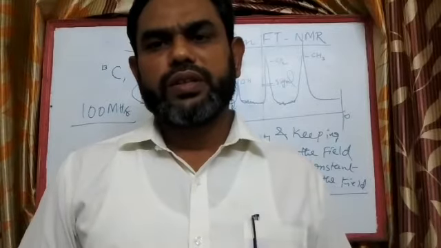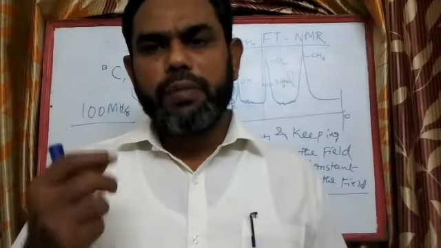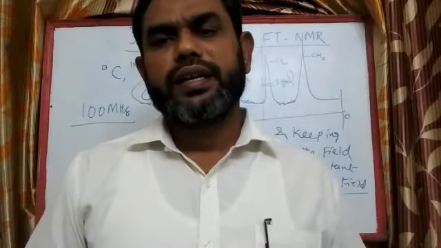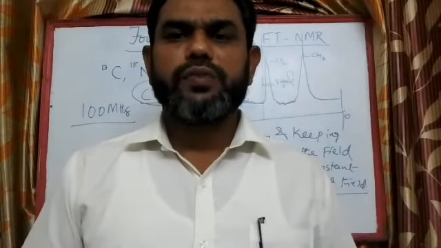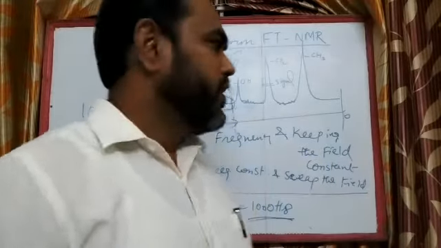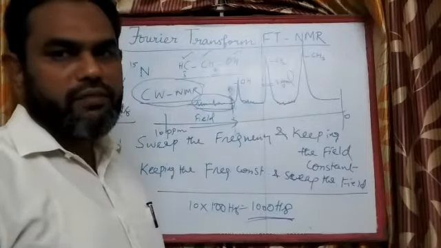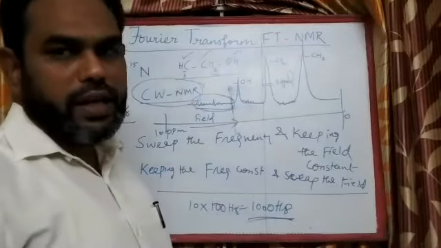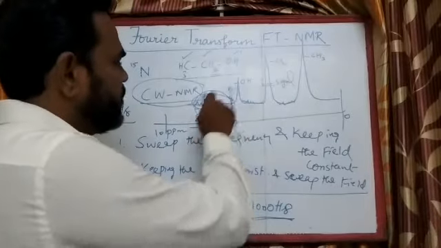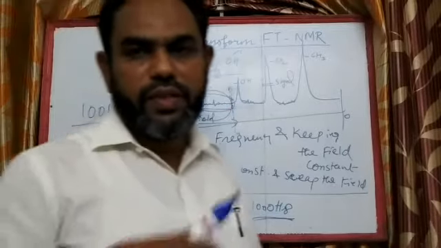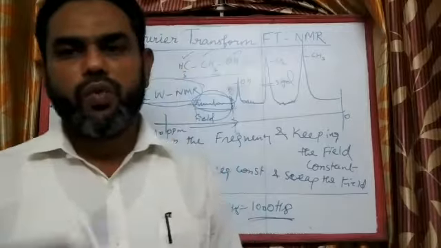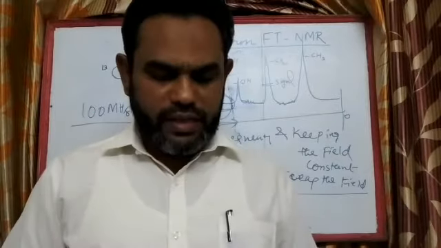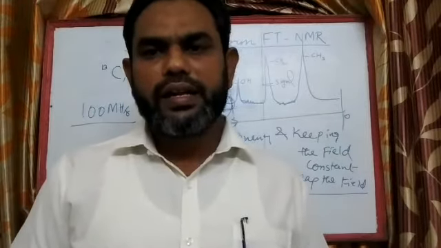In that case, the amplifier which is used in the NMR instrument results in noise. Every time upon sweeping, that noise gets superimposed one over another. As a result of this, you will get an unclear spectrum.